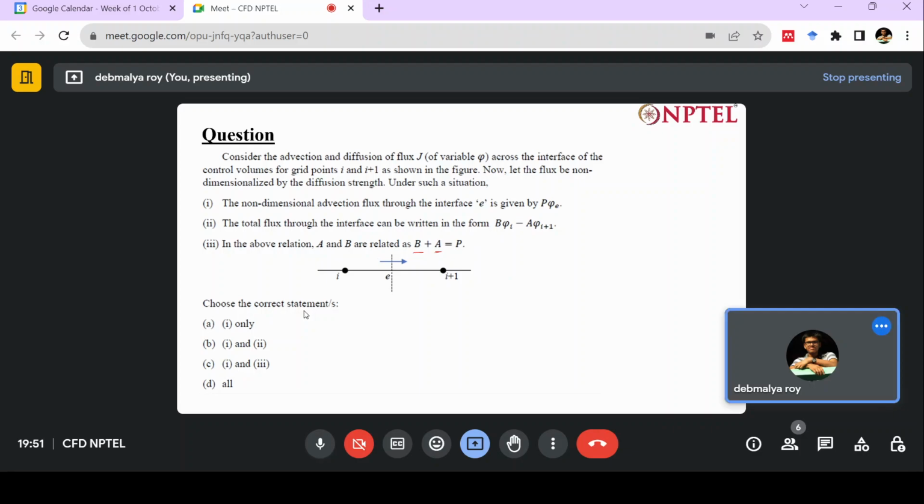So what are A and B here? A and B are the coefficients of these grid points, which correspond to the amount of flux going through the interface, right?